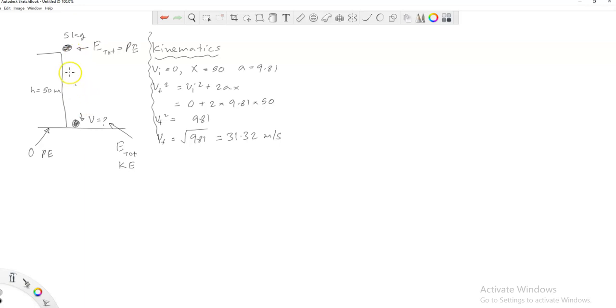Somewhere in the middle, you'll have a combination of potential and kinetic. It's losing potential, it's gaining kinetic. So by using energy conservation, E total final is equal to E total initial. What is E total final? That's all kinetic energy, equal to the initial, which is all potential energy.